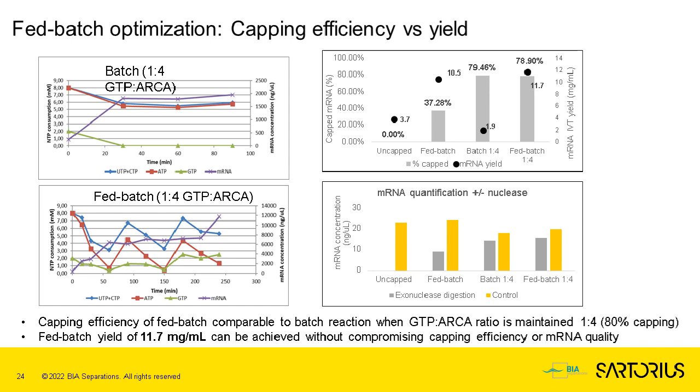So you can really play with your system based on the setup that you've got, based on the capping reagents that you've got, and based on the requirements of the particular capping reagent. So ARCA requires this 4:1 ratio, CleanCap doesn't, and so forth.